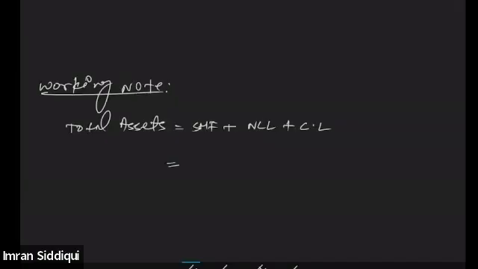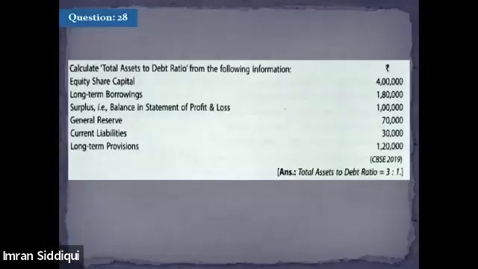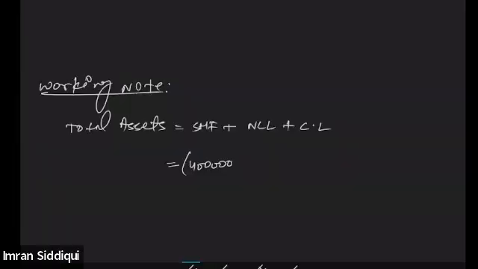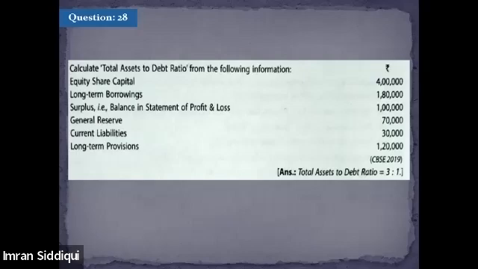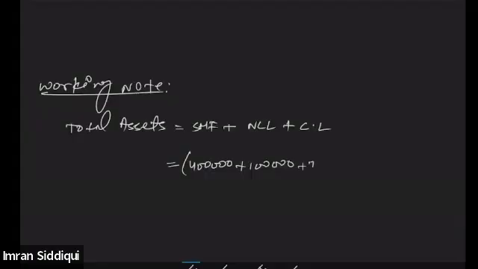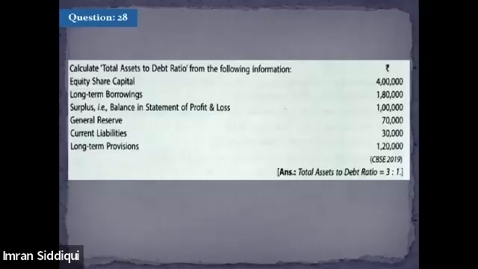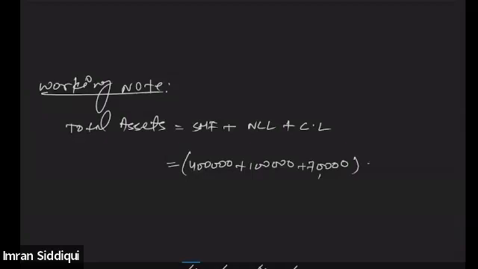Equity share capital 4 lakh. This will be part of shareholders fund. Then we have surplus, that is profit 1 lakh. All right. Then general reserve 70,000. Adding all these, we will get the value of the shareholders fund.